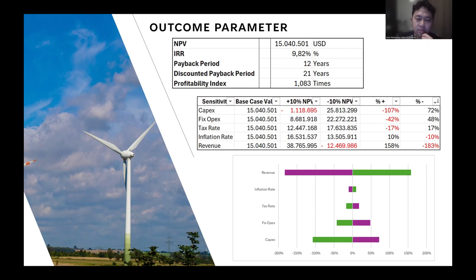It means the net present value divided by the accumulated cash flow in total.